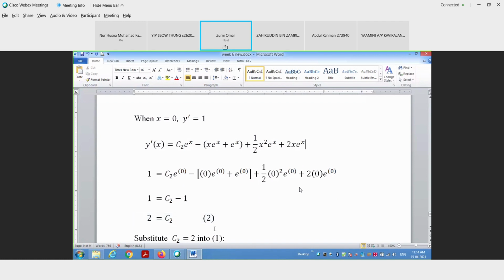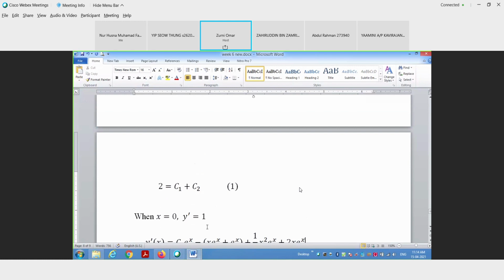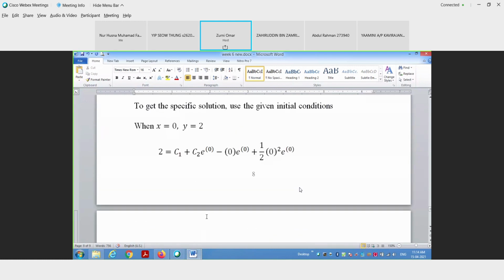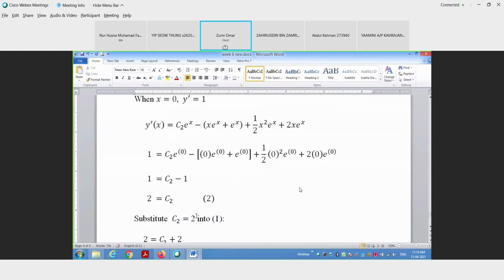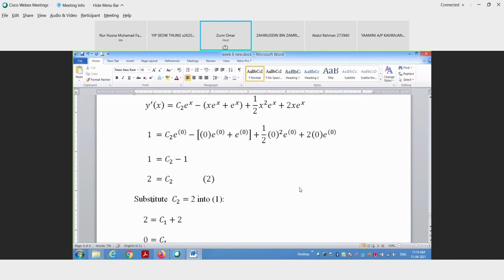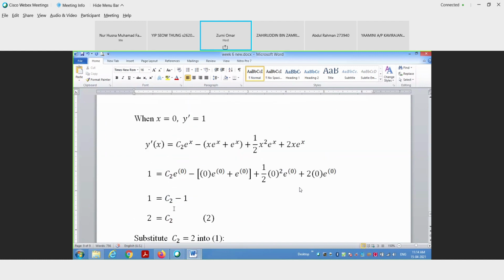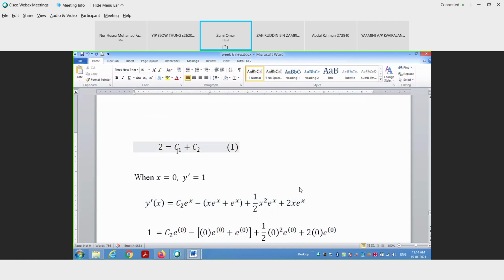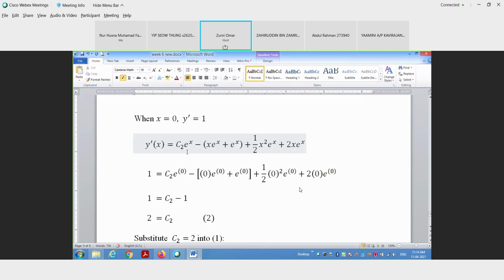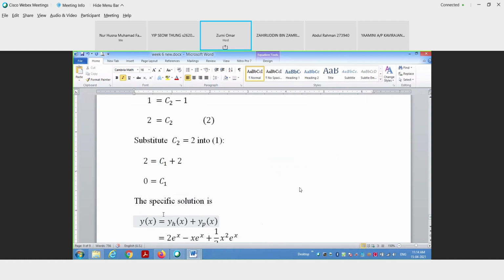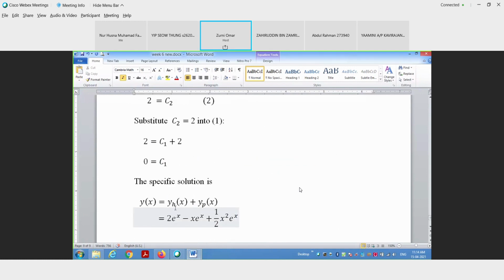You go up there to replace c1. You have c2 equal to 2, so you can get c1. From the equation 2 equals c1 plus c2, with c2 equal to 2, c1 will be 0. So you replace c1 with 0 and c2 with 2.